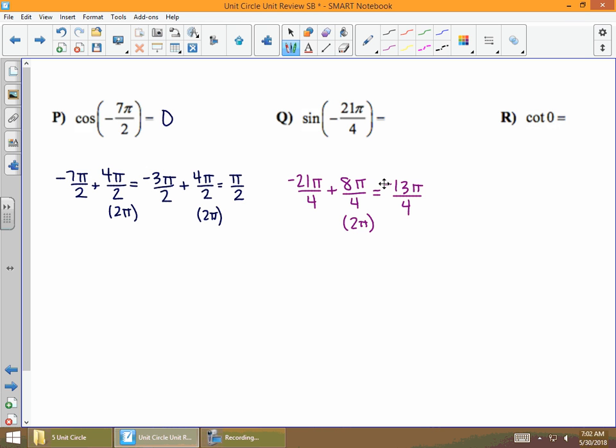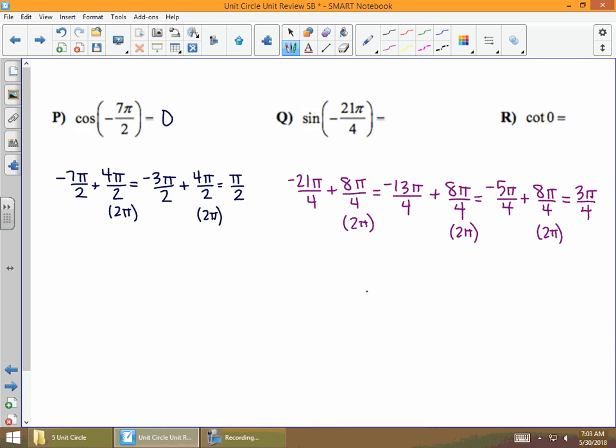I'm going to have to add 2 pi again 2 more times, but I'm just going to do it in stages here so I don't rush my math and make a silly mistake. Negative 13 pi over 4 plus 8 pi over 4 is negative 5 pi over 4. And I'm going to add 2 pi again. And that's going to get me to a coterminal angle of 3 pi over 4.